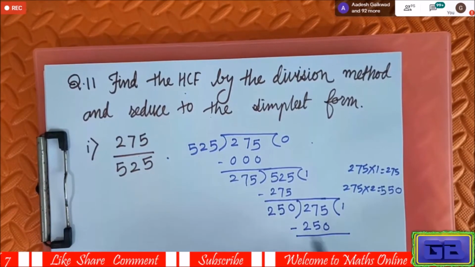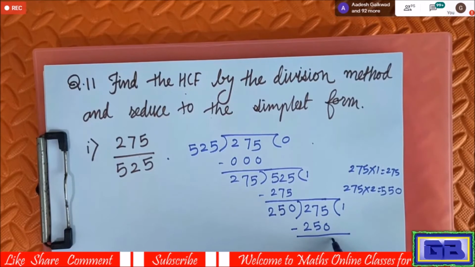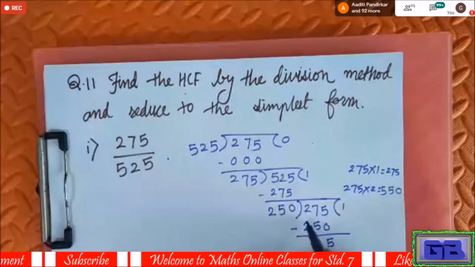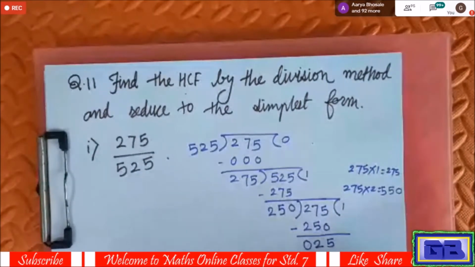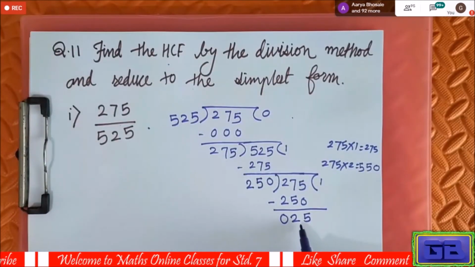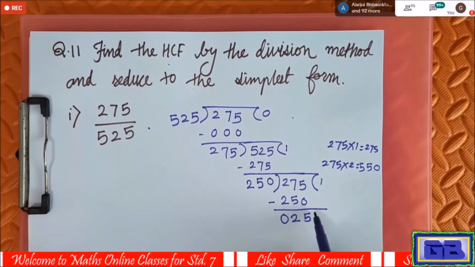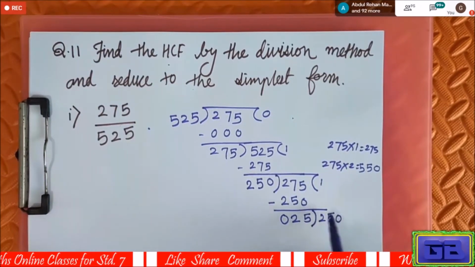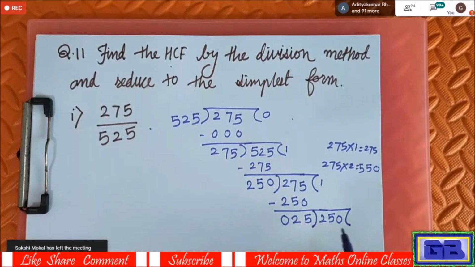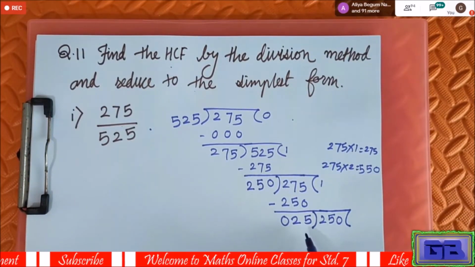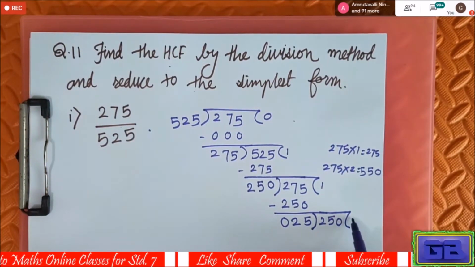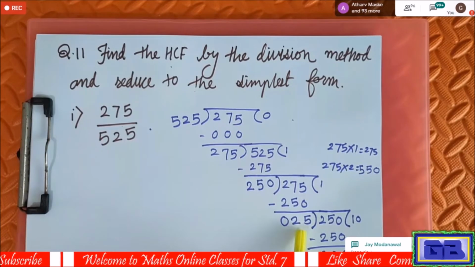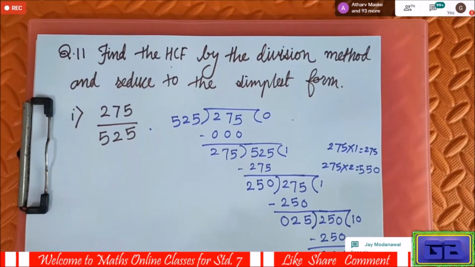Here 5 minus 0, 5. 7 minus 5 is 2. 2 minus 2, 0. We got here 250. Once we got remainder 0, it means the answer is 25.